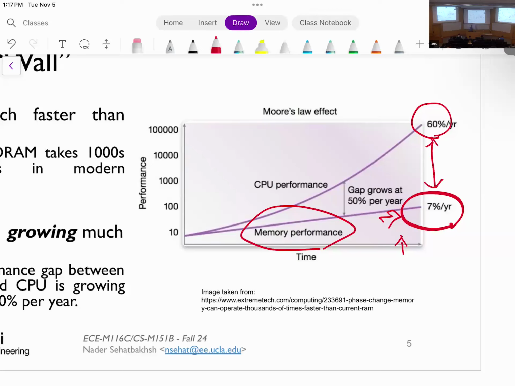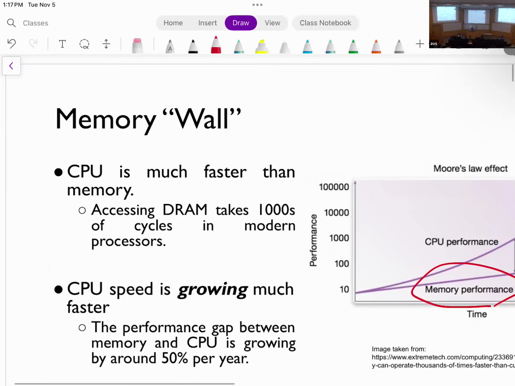There's around a 50% growth gap between the CPU and memory. And unfortunately now we have CPUs that are blazing fast, but memory is very, very slow, okay? And this is referred to as the memory wall.